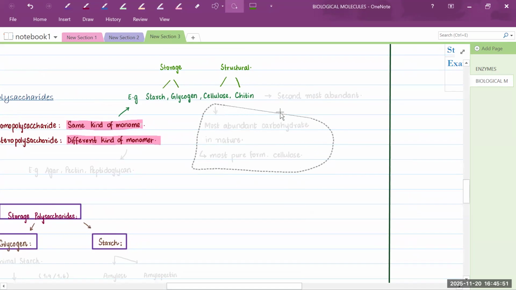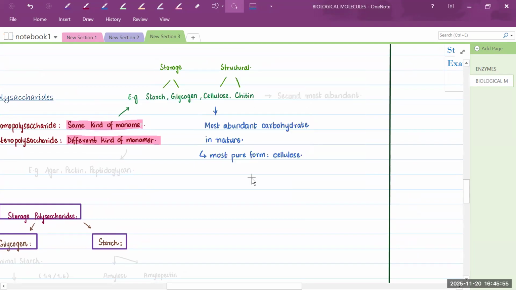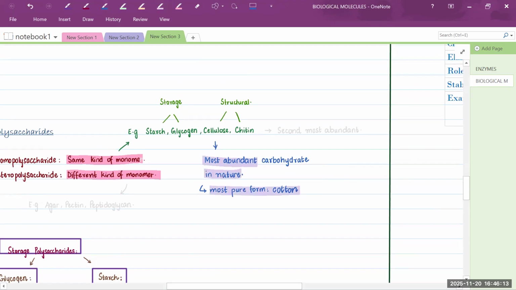Cellulose is the most abundant carbohydrate in nature, and the most pure form of cellulose is cotton. It is the most abundant in nature, and its most pure form is known as cotton.